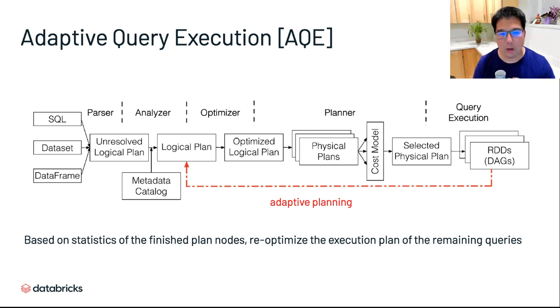In other words, remember, when you build up a logical plan and attempt to optimize it, it's based on estimates of data sizes, the columns, how much memory it's going to use. Then it creates multiple physical plans, and again, the cost model depends on what those estimates are. Then it selects a physical plan based on the cost model and tries to execute.